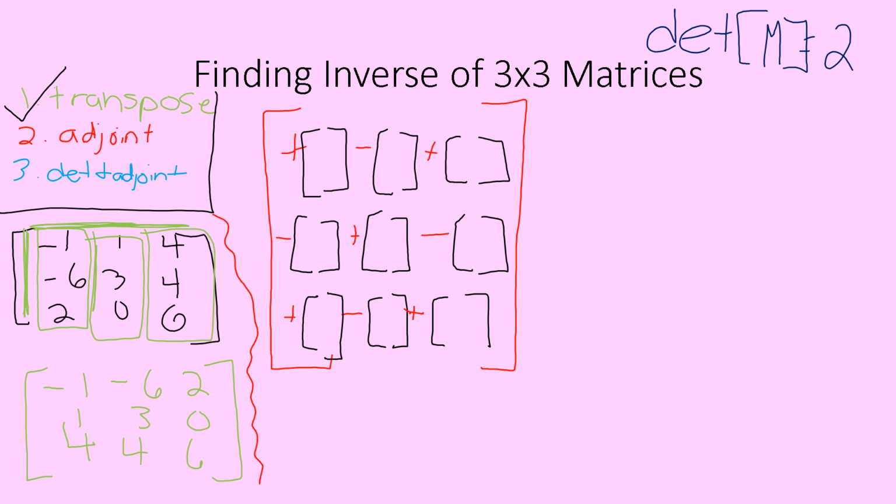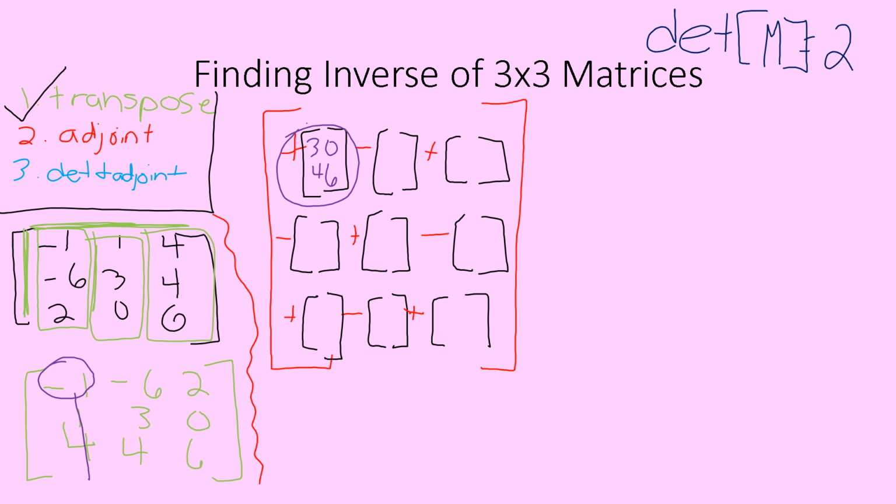Alright. So first, for this first row, first column, we are going to take our first row and first column here, and we're going to cross those out. Now, what are the remaining numbers? We have 3, 0, 4, 6.